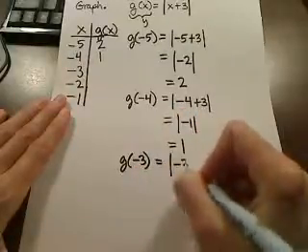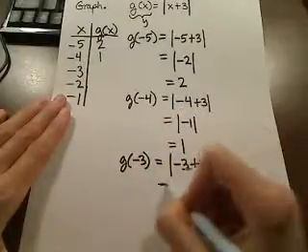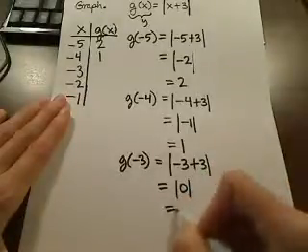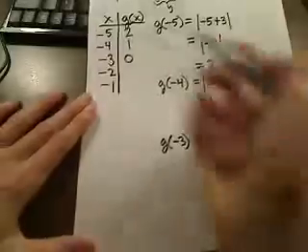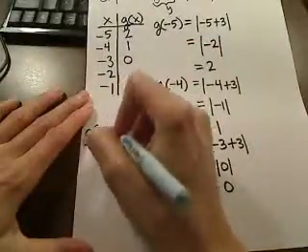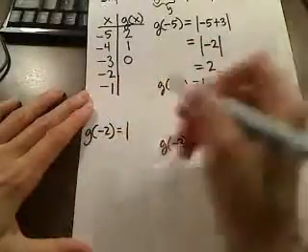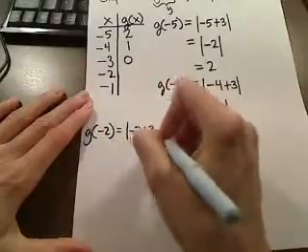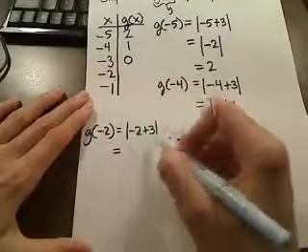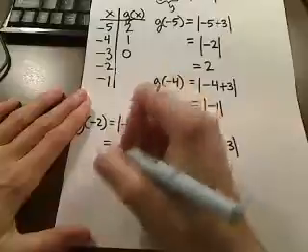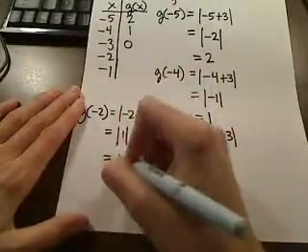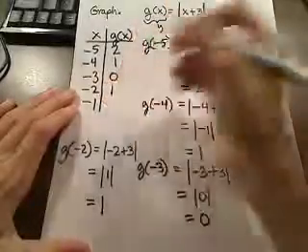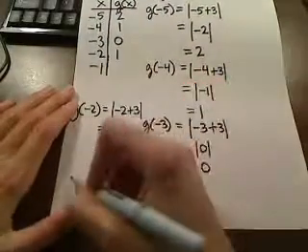That's the absolute value of a -3 plus 3, and that's the absolute value of 0, which is just 0. Okay. G of -2, absolute value of -2 plus 3, and -2 plus 3 is +1. The absolute value of a positive number is still just a positive number, so g of -2 is 1.